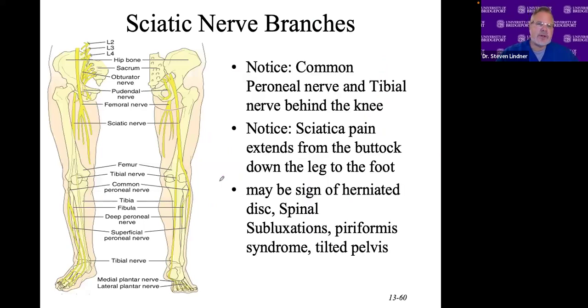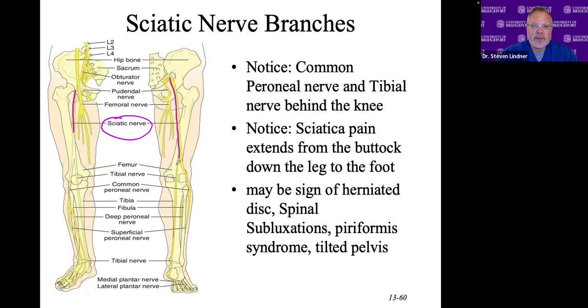Now, on this picture, what I want you to see is on the left-hand side is anterior, and on the right-hand side, it's showing the posterior. So let's focus on the sciatic nerve. You could see it on the anterior right here, but then it kind of disappears, right? You can see the color changes. So let's go to the posterior. Here's the sciatic nerve. It comes down, and then look what happens.